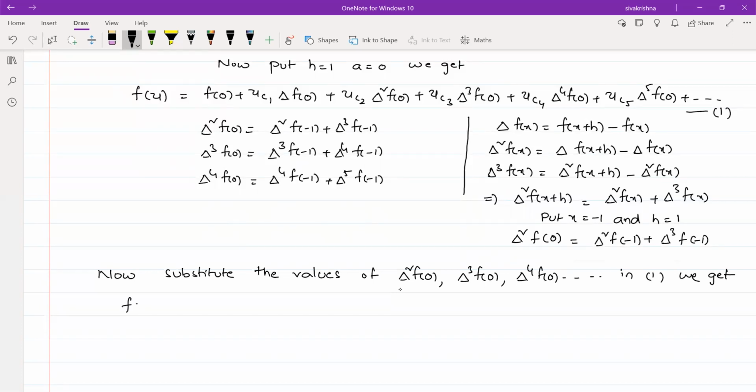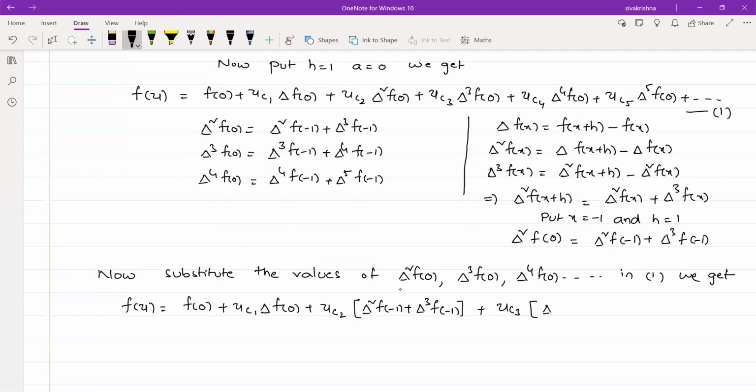So then we get f of u is equal to f of 0 plus uc1 into delta f of 0 plus uc2 into, in place of delta square f of 0 we have to write delta square f of minus 1 plus delta cube f of minus 1, plus uc3 into delta cube f of 0.